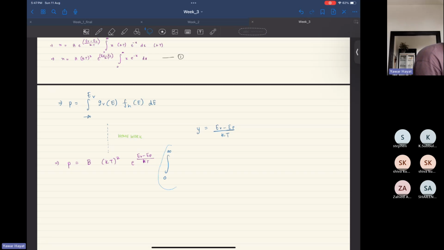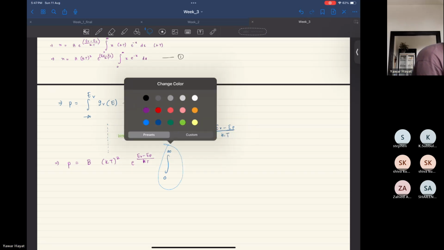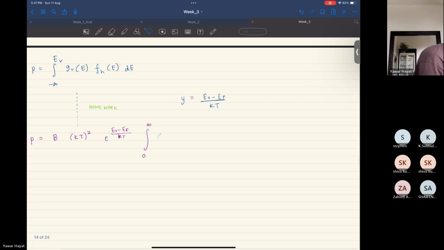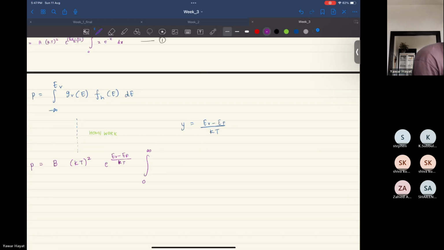I guess I should stick with the color though. Right? 0 to infinity. Why is it not moving? This is y exponential of minus y dy, where your y is given by this one.